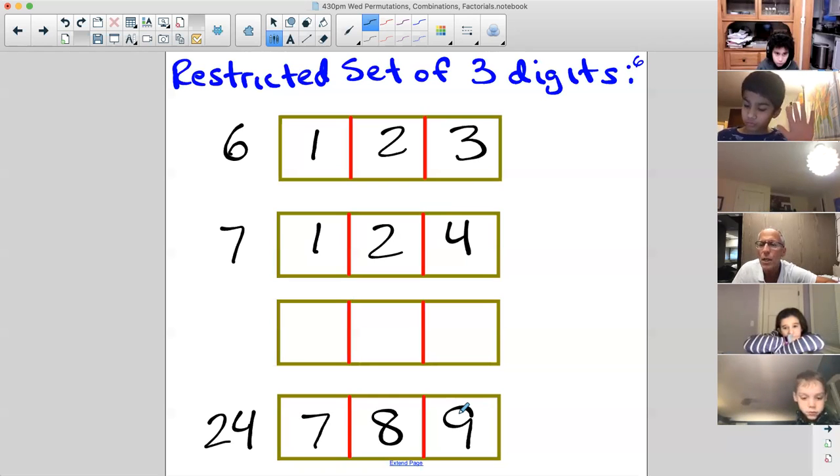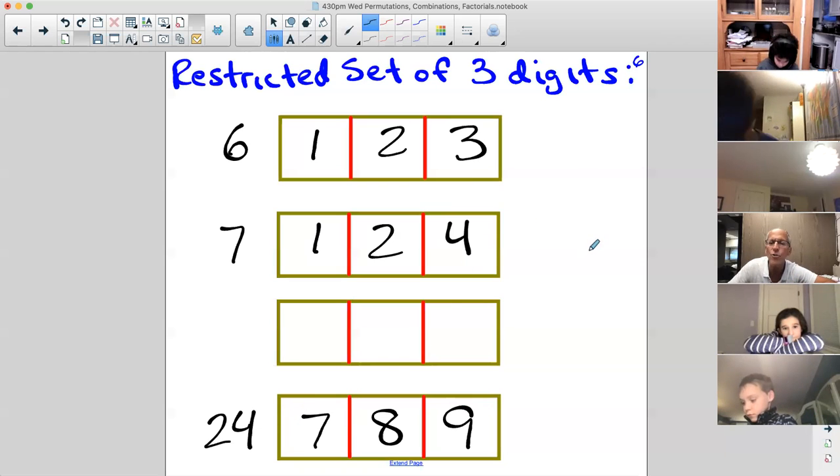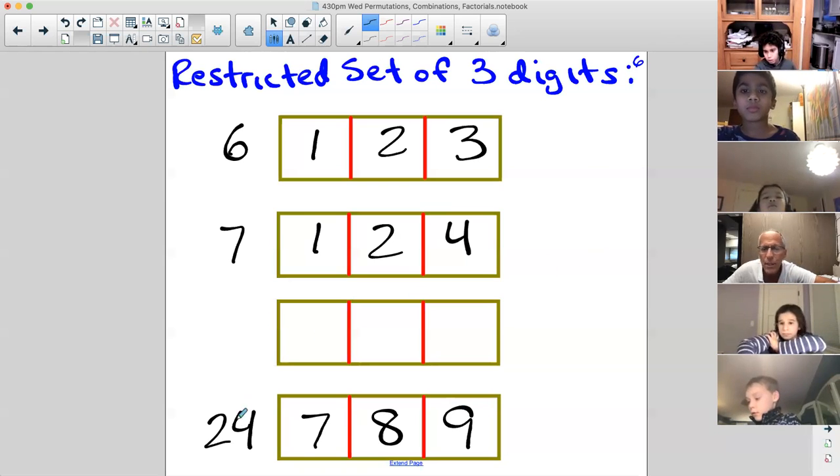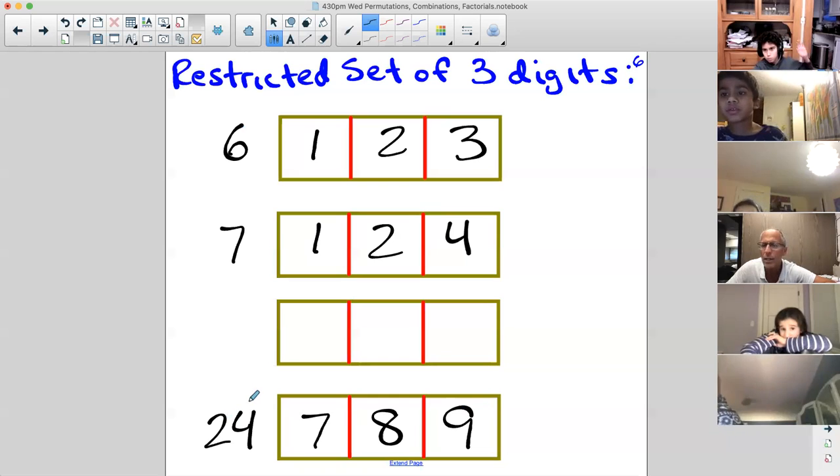Somebody else with the last one. Think of what Bayram just did with 24. Hayden, can you change your background to non-virtual because it's a little distracting? And who can do the next one based on what Mark did with 6 and 7? Come on, Gabby, you can do this.